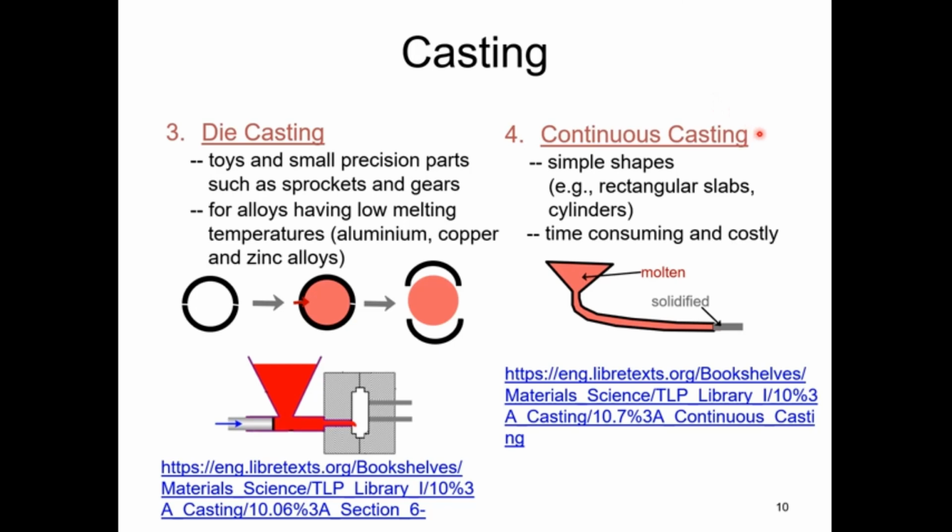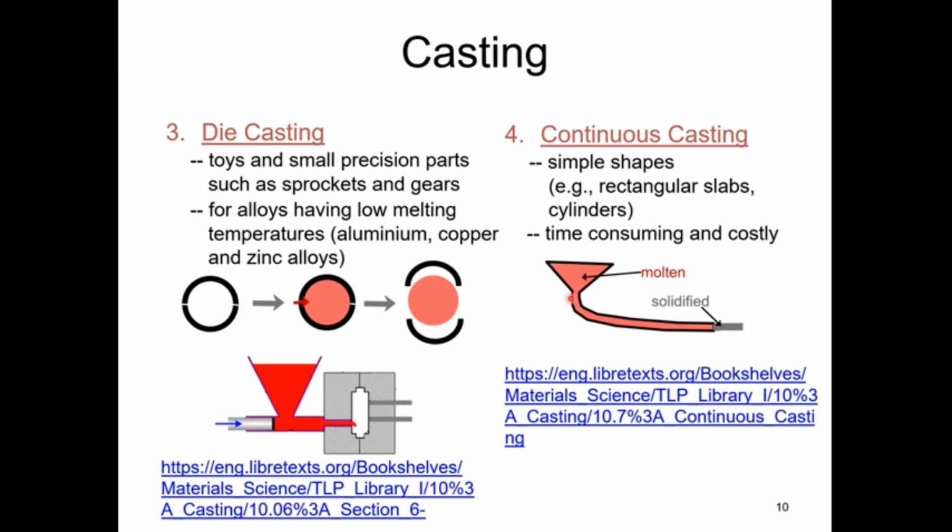Continuous casting, which is also known as strand casting, is the process where a metal is heated until it liquefies. The molten metal is then allowed to solidify until it becomes a semi-finished slab that is later rolled in the finishing mill.